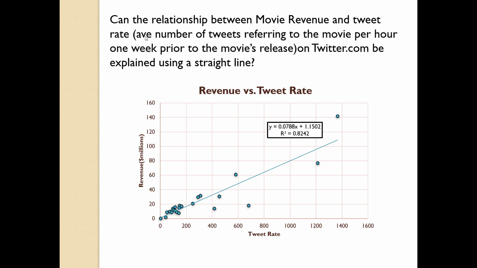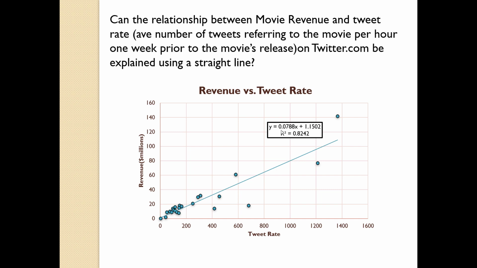Well, that would be an increase by 1 for the average number of tweets referring to the movie per hour 1 week prior to the movie's release. So I get that that's a mouthful. But a 1 unit increase in that average would lead to a 0.0788 million increase in revenues.